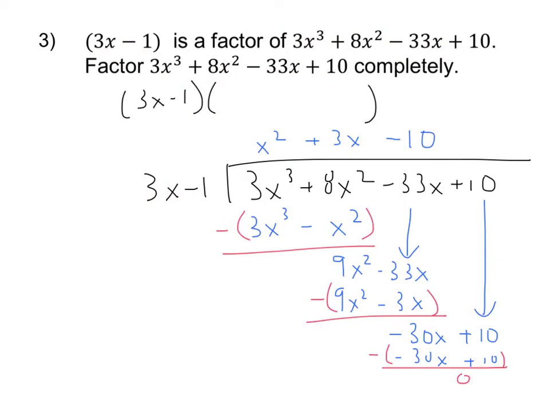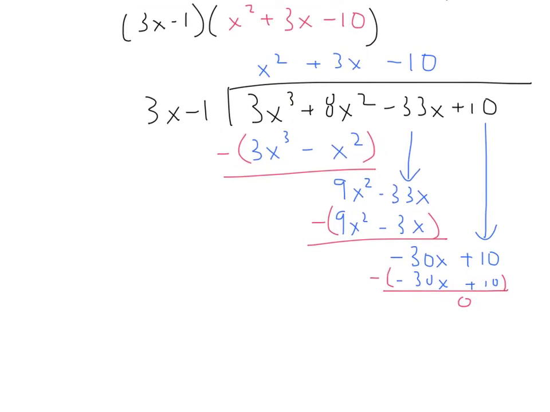So that tells us that if we were to factor this, it would be 3x minus 1 times x squared plus 3x minus 10. Okay, so the first part of our factoring is done. Let's get some more room here.